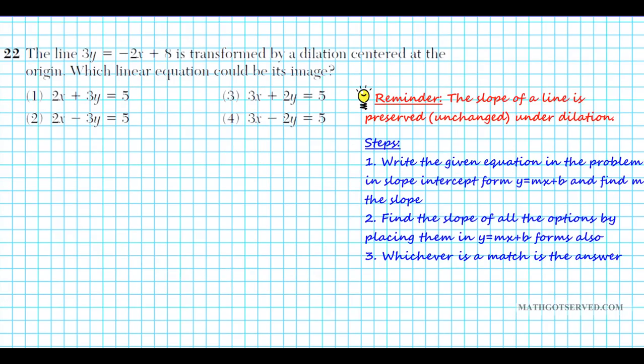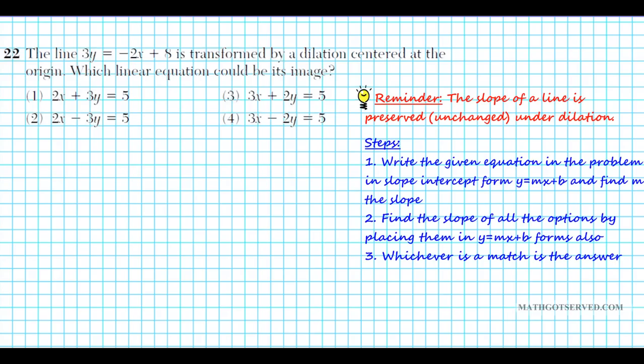All right, let's take a look at problem 22. It reads, the line 3y equals negative 2x plus 8 is transformed by a dilation centered at the origin. Which linear equation could be its image? Now, one thing you want to remember is that the slope of a line is preserved, basically remains unchanged under dilation.